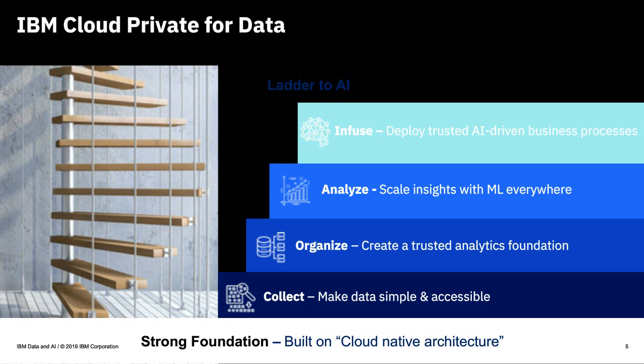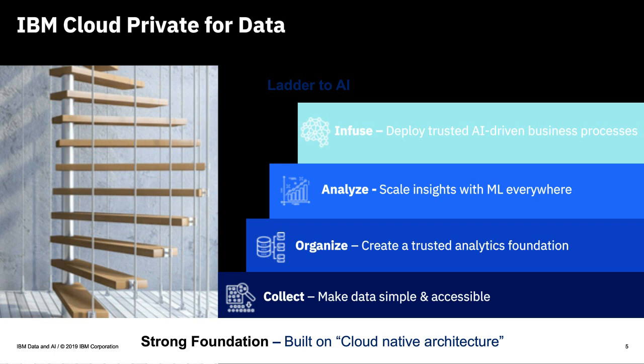If you're not familiar with IBM Cloud Private for Data, we've often described it as a strong foundation to build cloud-native applications, but run it in your own private cloud, that is your own data centers, or in private areas of public clouds. We talk about that AI ladder, how you can achieve AI within that business. And IBM Cloud Private for Data gives you all of the tools to be able to perform those functions.